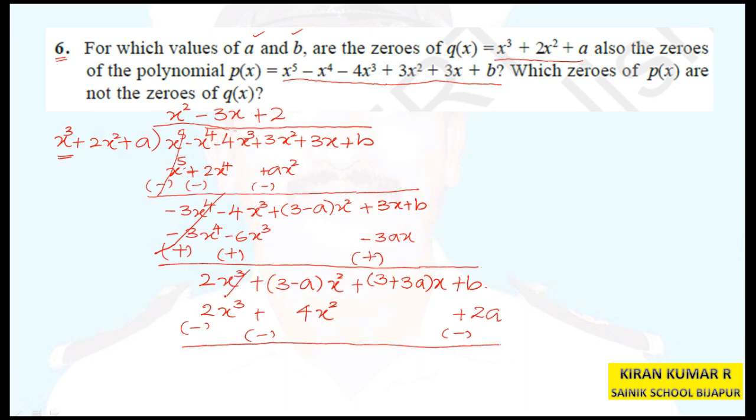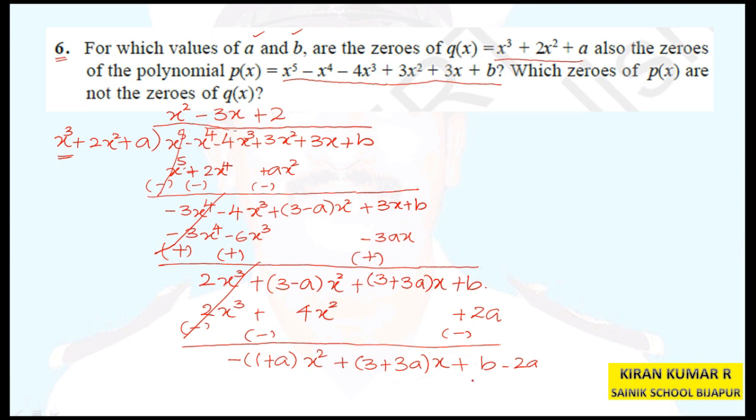This cube term will get cancelled. We will be having minus 4 added to plus 3 will be minus 1 and minus a will remain. So I can write it as minus of 1 plus a times x square plus 3 plus 3a times x plus b minus 2a.